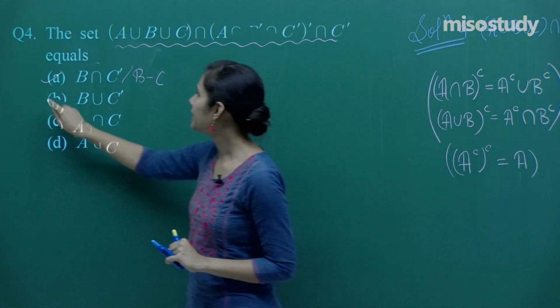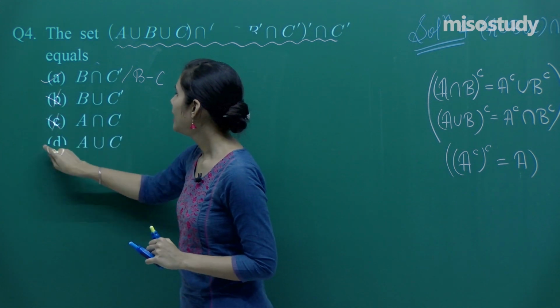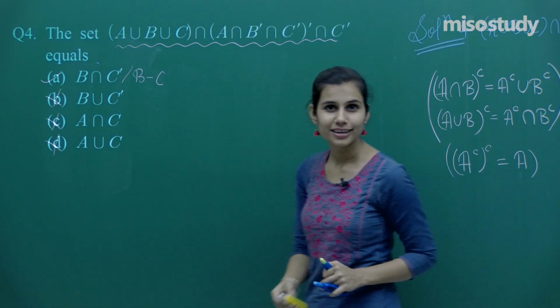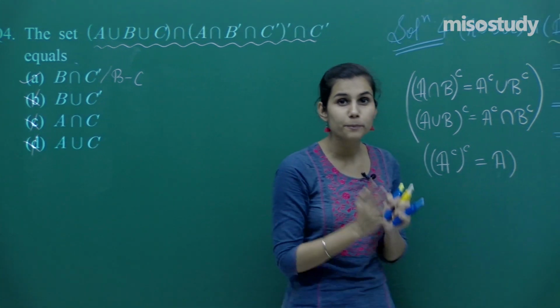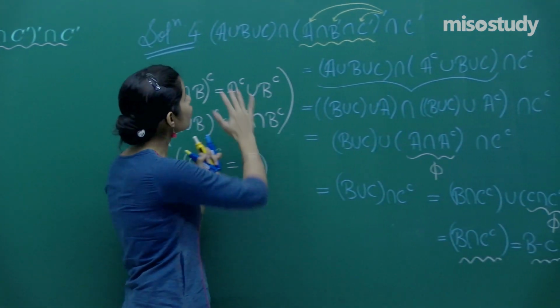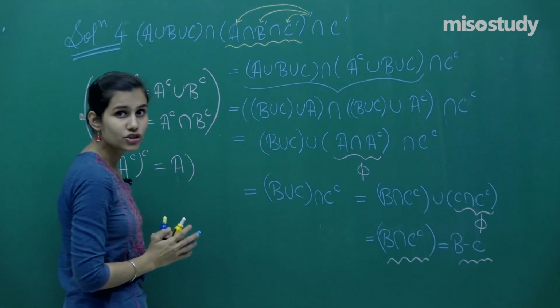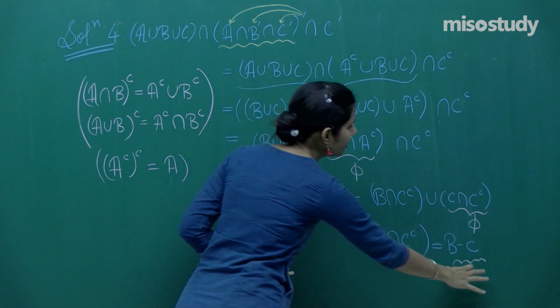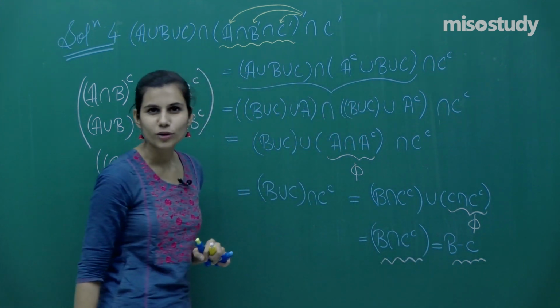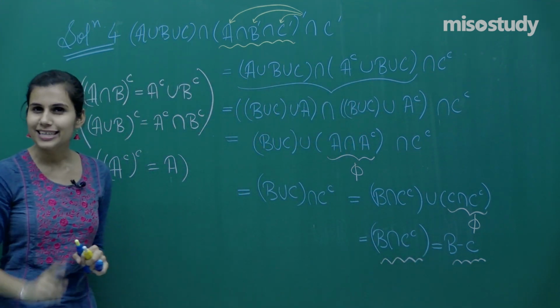Obviously option number B, C and D are wrong. This is when I am asking you to quickly note this down, the procedure and the technique to solve such difficult looking expressions by just the laws that we have done and boil it down to such a simple looking expression. Meet you in the next question.